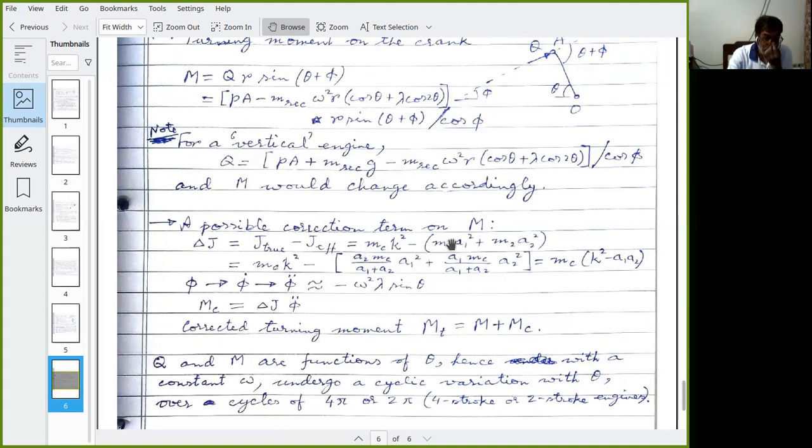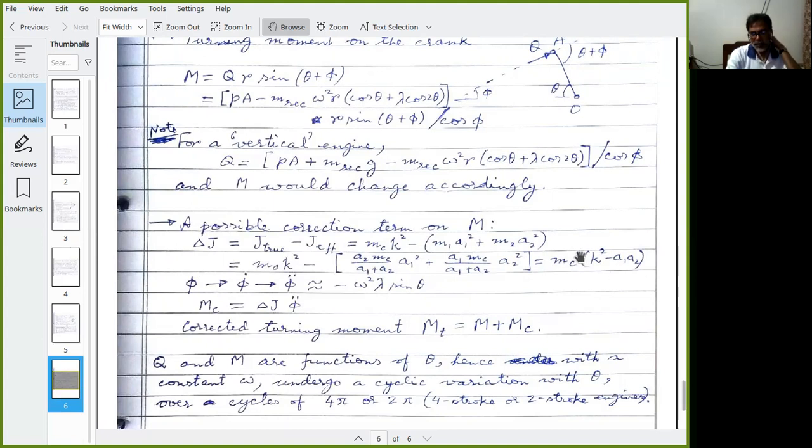Now, when we put in the M1 and M2 which we have been using here, and simplify, we get simply MC A1 A2. Because if you take MC A1 A2 common, from here you get A1, from here you get A2, A1 plus A2 cancels the denominator. So it is MC A1 A2, and this is MC K squared.